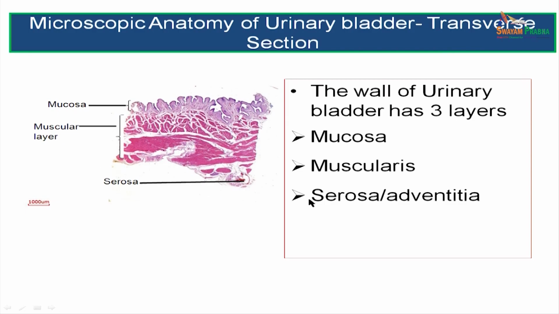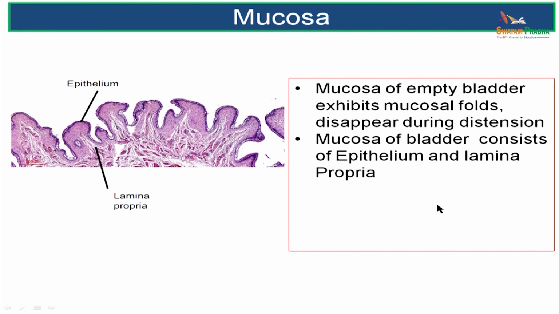Outermost layer is serosa or adventitia. In some areas it is serosa, and in some areas it is adventitia.